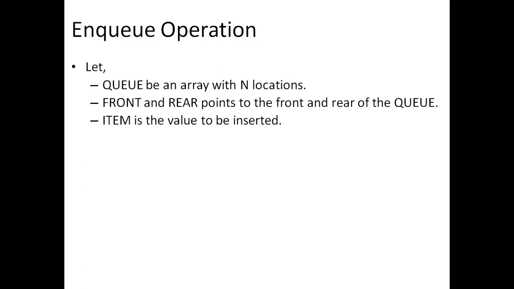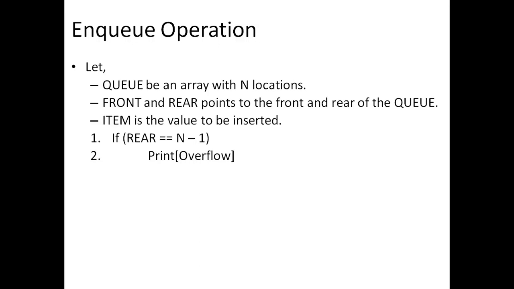Here we have used static arrays as queues, so there is limited space available for the queue elements, and the availability of space has to be checked before inserting a new element. The same has been checked at line 1 here by writing the overflow condition as rear equals n minus 1.